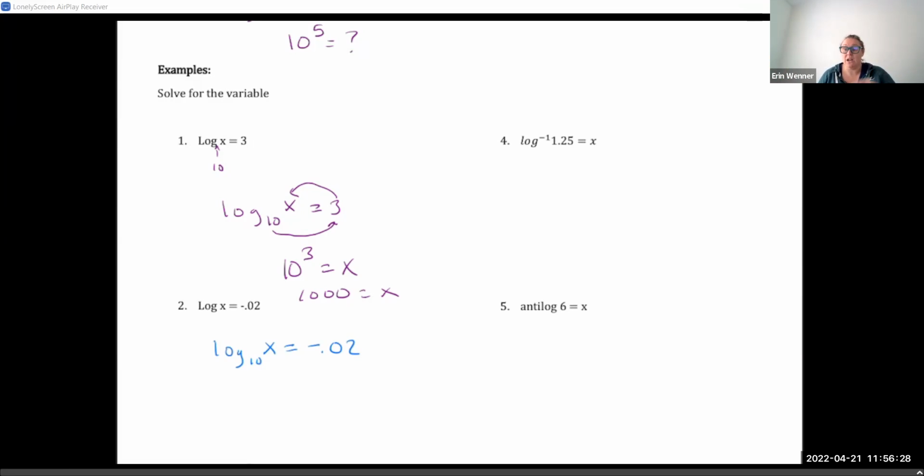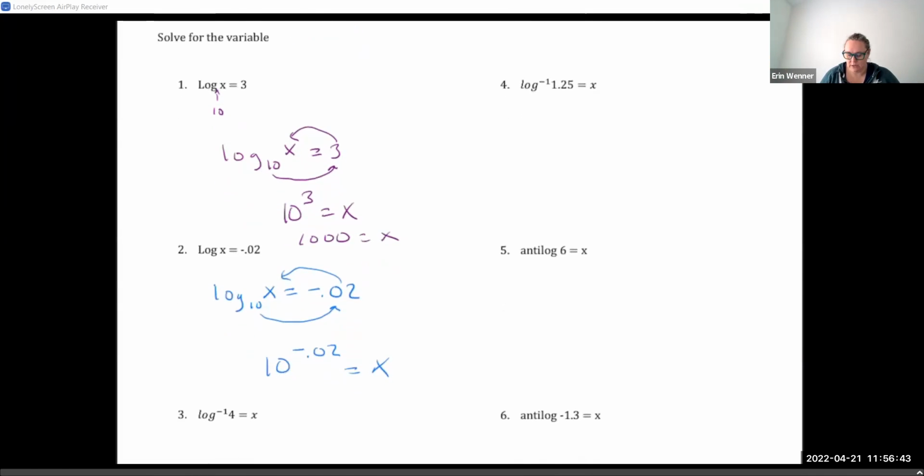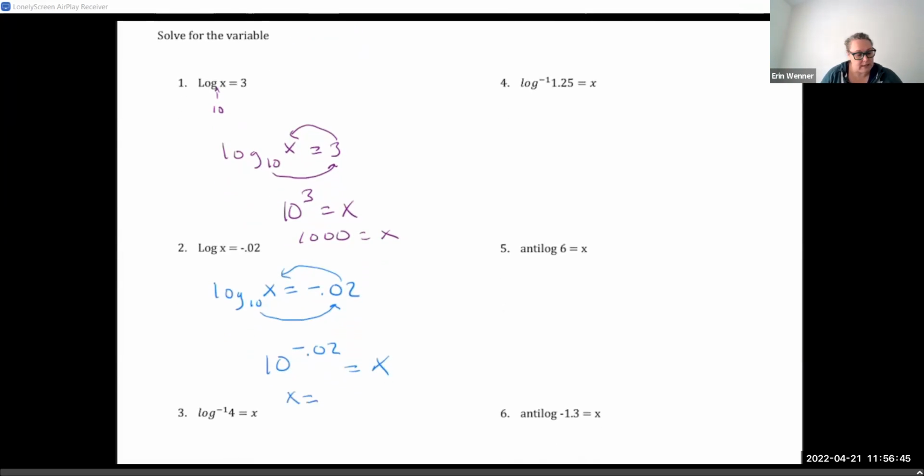Remember, we can't take the log of a negative number, but the log of something can equal a negative number. So we're going to do 10 to the negative 0.02 equals x. And if we put this into our calculator, we get x equals 0.95499, and it keeps going. So we're going to say that x is approximately equal to 0.955.